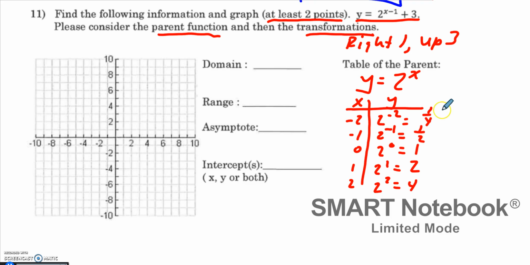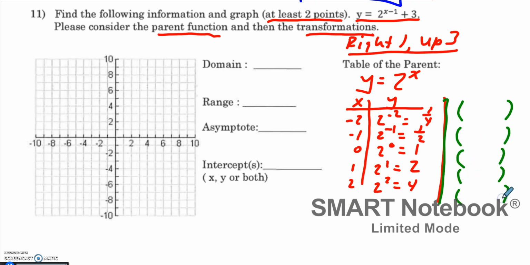But what I want to do is think about these transformations, and so in green over here I'll make all those changes. If I'm going right 1, we'd get -1, 0, 1, 2, and then 3.